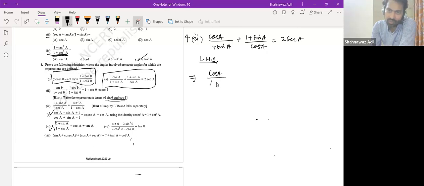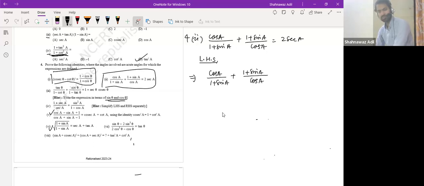So we have 1 plus sine A divided by cos A, plus cos A divided by 1 plus sine A. So what should we do first? The first criteria is fulfilled. Every term is in the form of sine and cos.